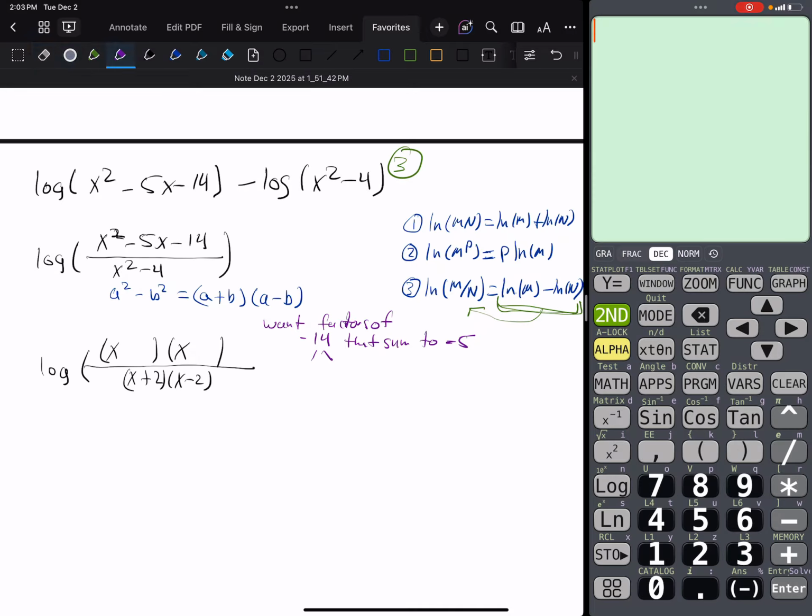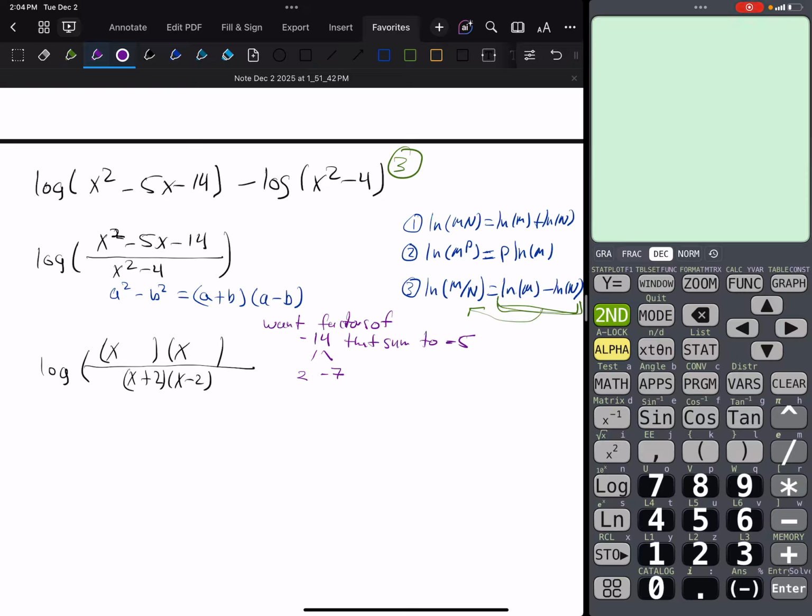Okay, and so now that negative 14, rather than 1 and 14, well, the next thing I'm going to do is 2 and 7. And negative 2 is not going to do it, but a positive 2 and a negative 7 will multiply out to be negative 14, and positive 2 plus a negative 7 will give me a negative 5.